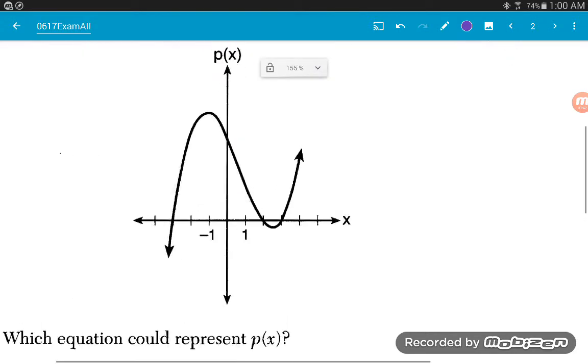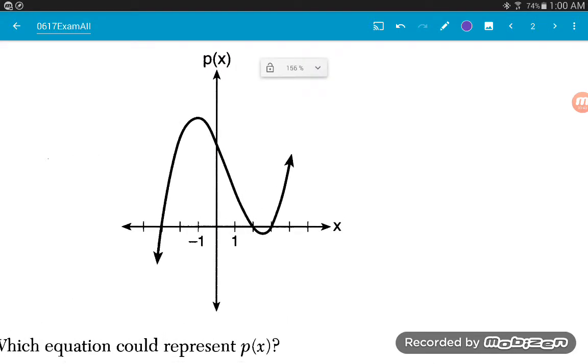This is all about the roots of this function. The roots are these points right here. This is a root, this is a root, and this is a root. These are called roots, or sometimes they're called zeros. So roots are zeros, and these roots are -3, 2, and 3.